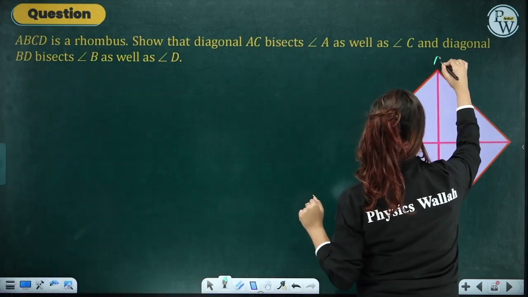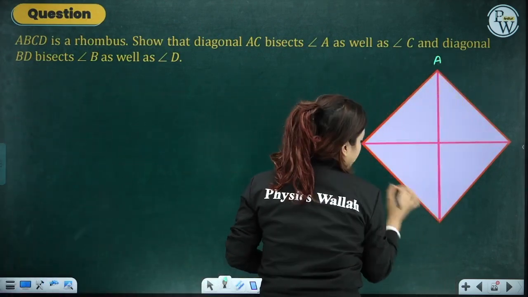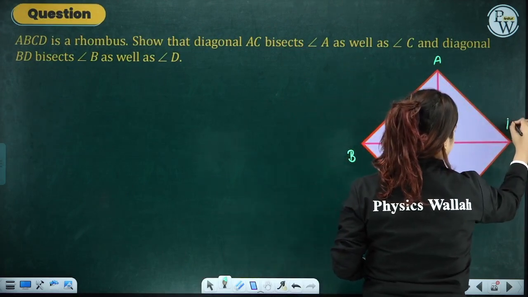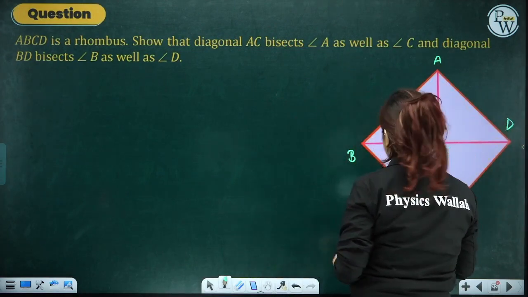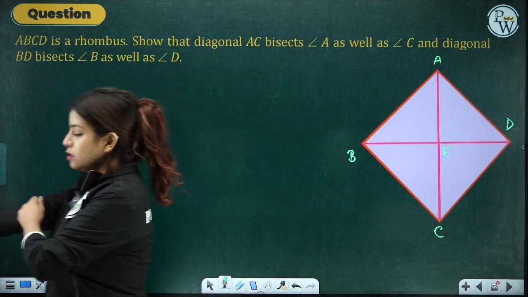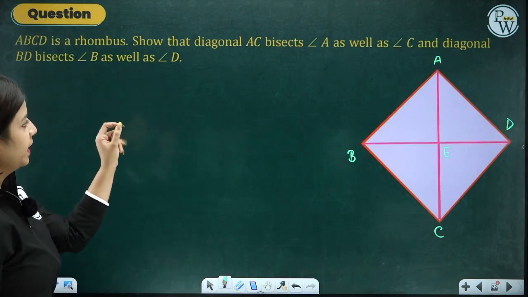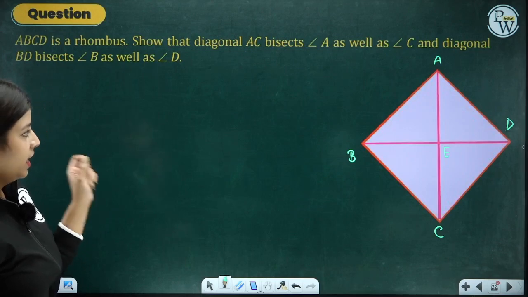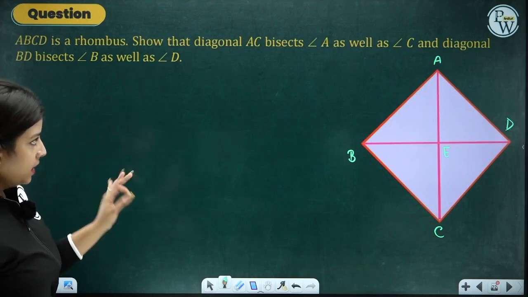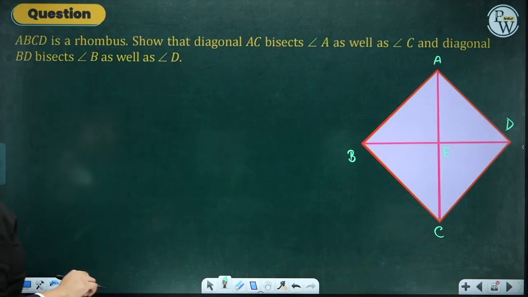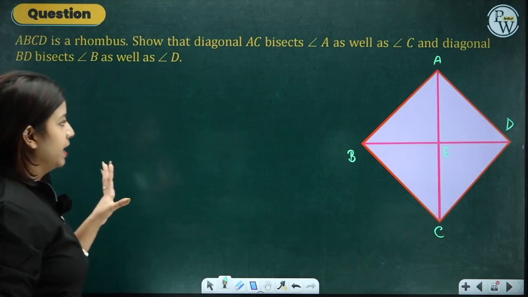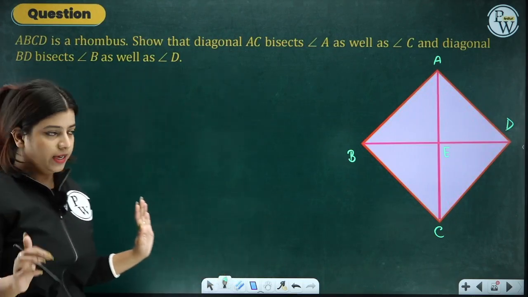Let us name this as A, B, C, D, and let us name the intersection point as E. So what we have to show is that diagonal AC bisects angle A as well as angle C, and then diagonal BD bisects angle B as well as angle D. This is what we have to show.